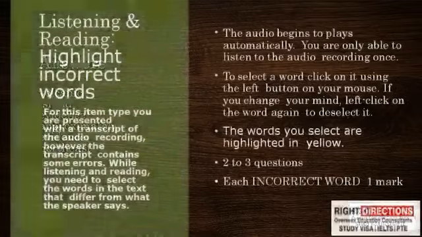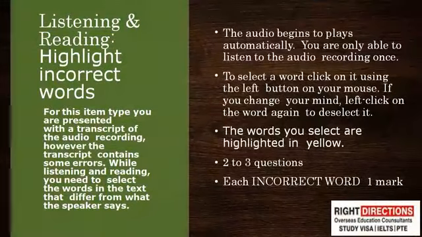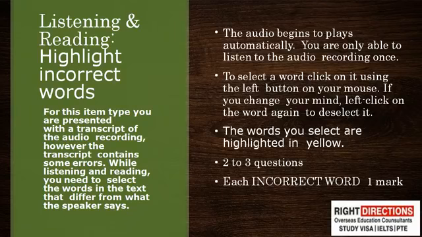The next important task is listening and reading highlight incorrect words. For this item type, you should be attentive. You are presented with the transcript of the audio recording, but it has some errors.